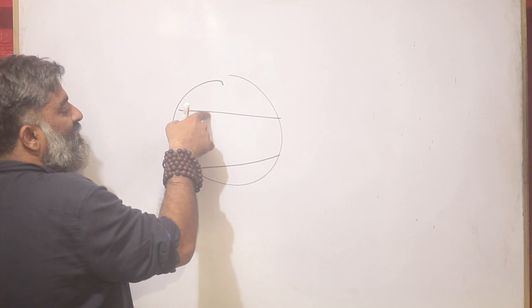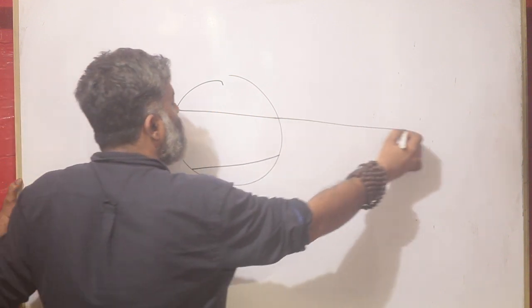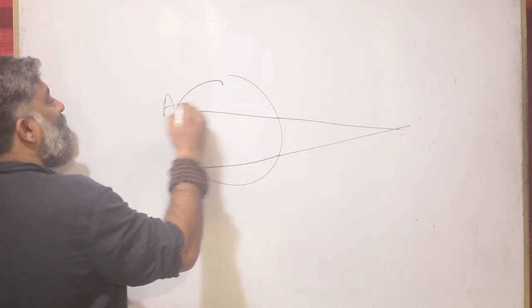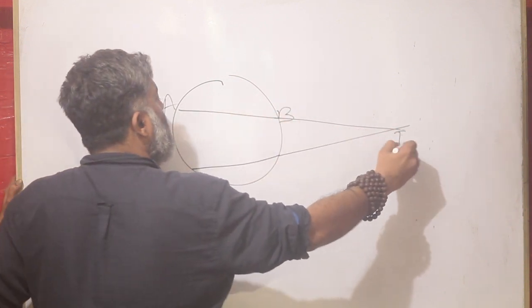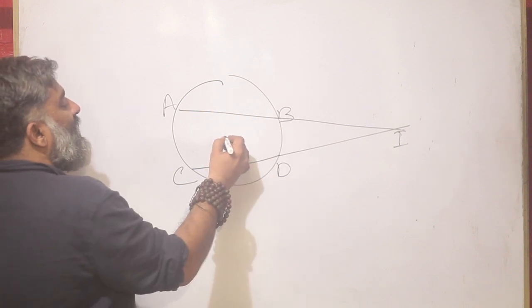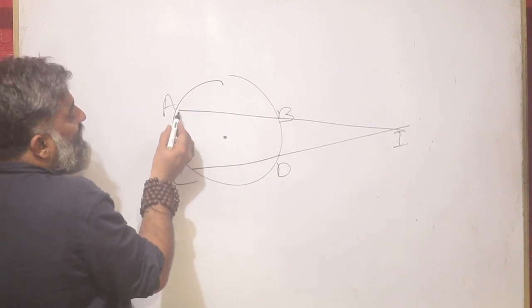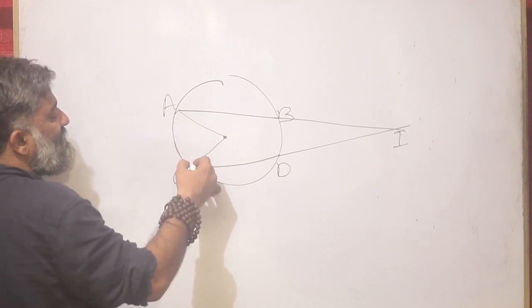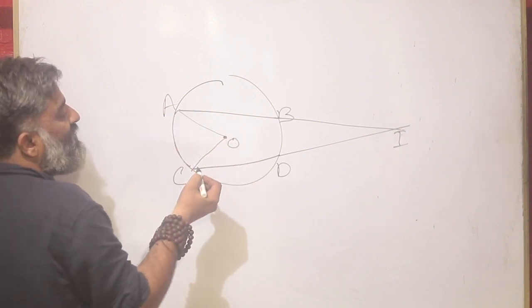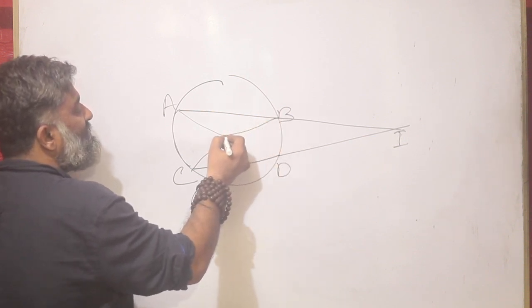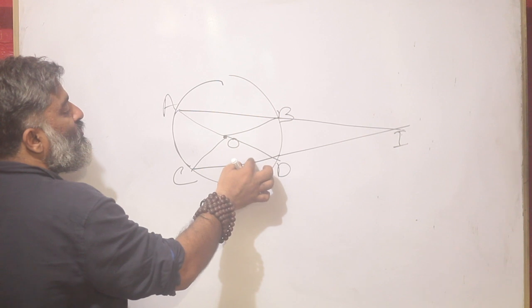Same story again, the two chords are intersecting outside the circle somewhere. Name them A, B, I, C, D, I, and I will focus at the center this time, and I will think of the angle created by the segment AC at the center, let's say call it O. And similarly the angle created by BD at the center, angle BOD.